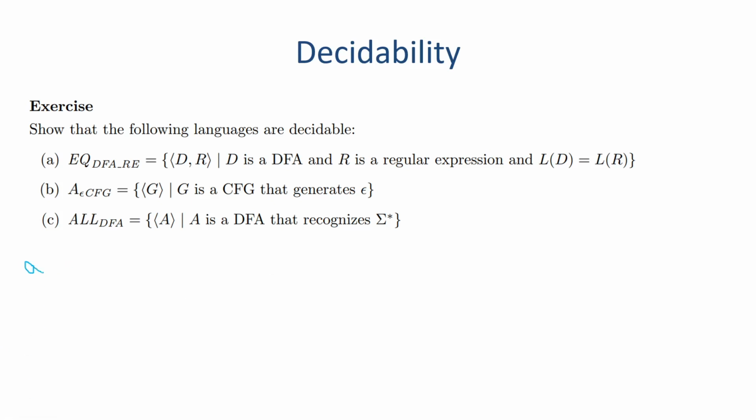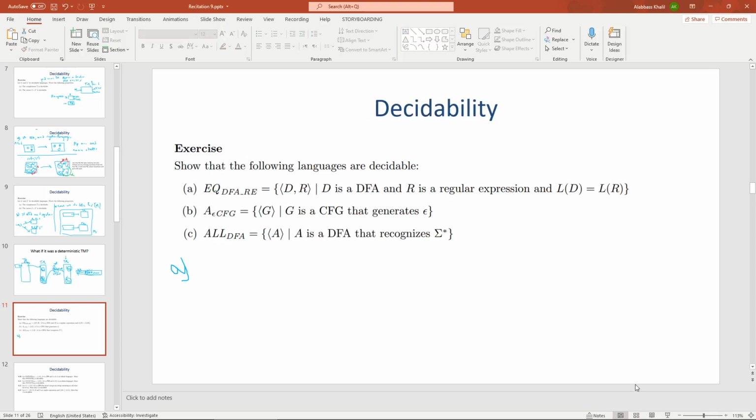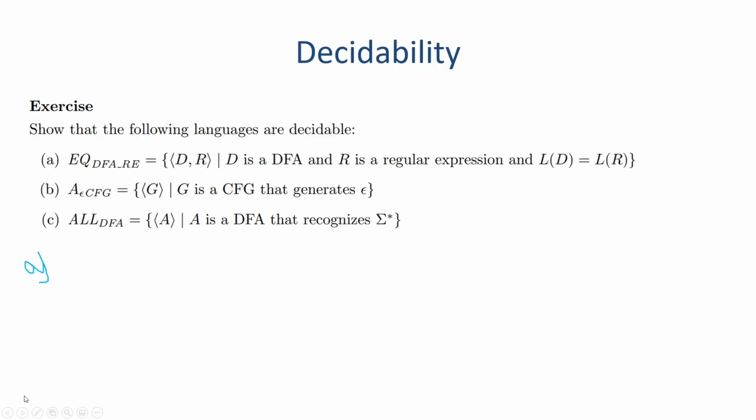So here with part A. EQ DFA RE. Okay. So what are we going to be doing here? It's also abstraction, but it's a bit more concrete than before. So we want to show that the following languages are decidable. For example, this first language, EQ DFA RE, it's a machine that takes as an input D and R. D is a DFA, R is a regex, and the languages are the same.